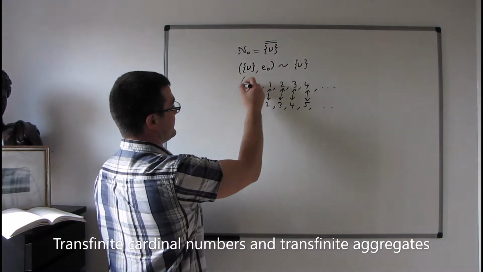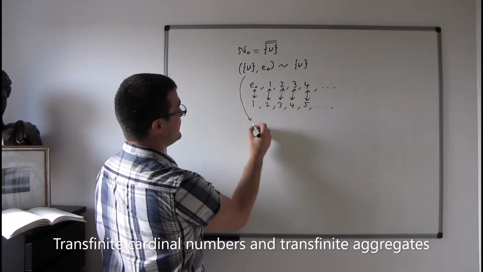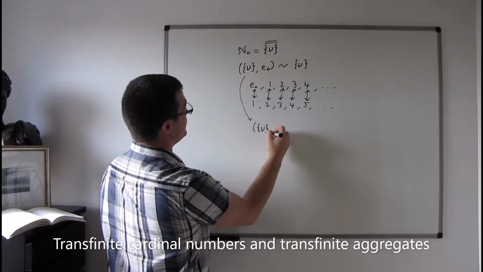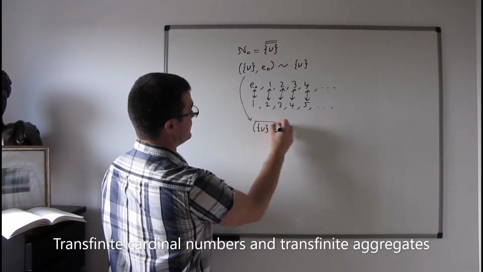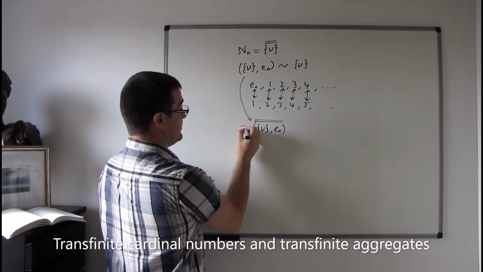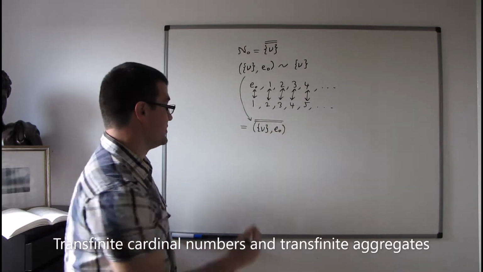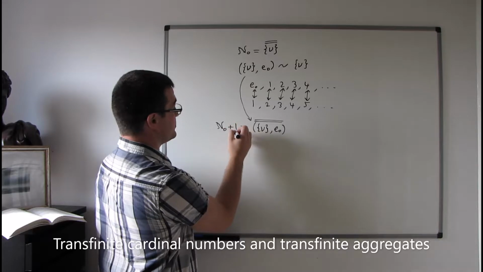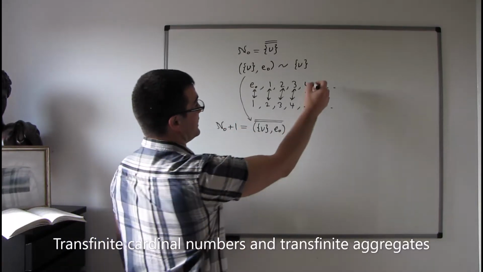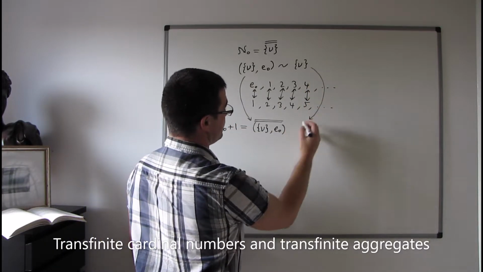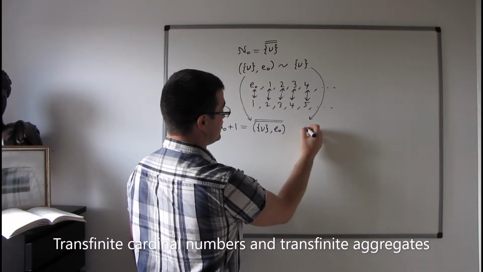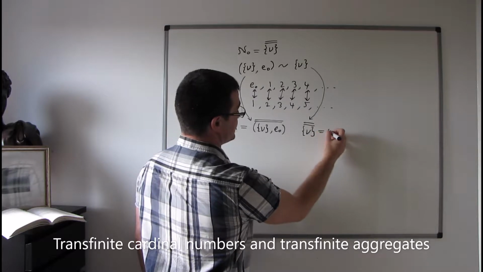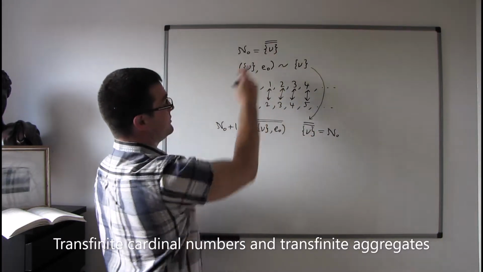But the cardinal number of this aggregate, nu E naught, by the way that we defined addition, is going to be Aleph naught plus 1. And over on this one, we get the cardinal number of this to be equal to Aleph naught, by what we wrote up here.